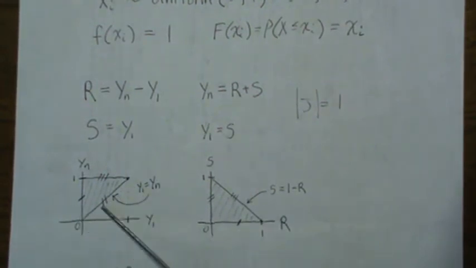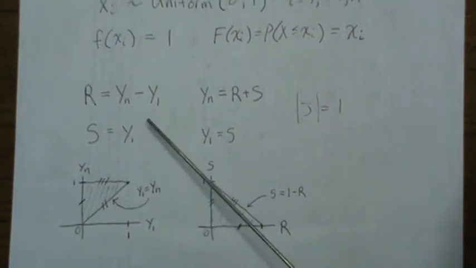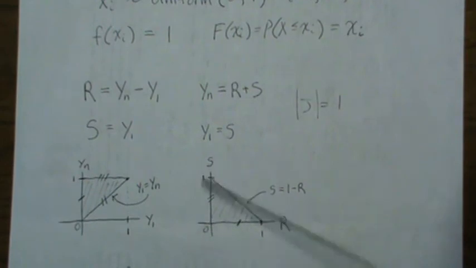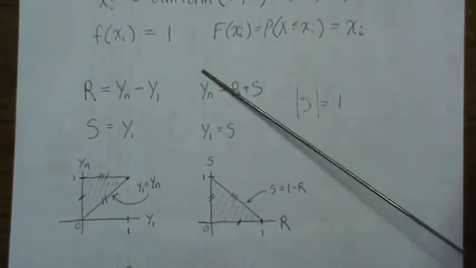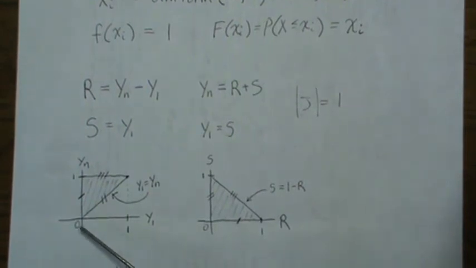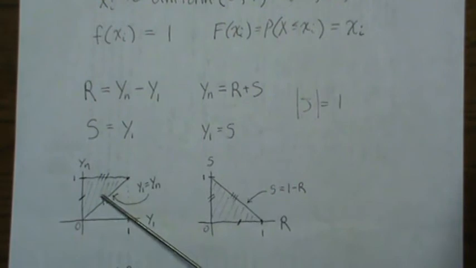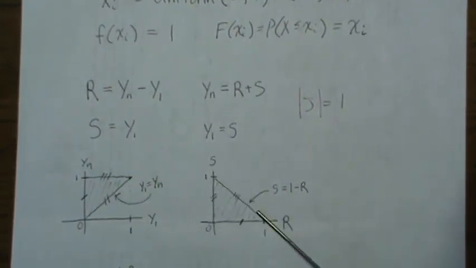And then if we look at this one, here yn is equal to 1, no matter where we are in this line. So that tells me R is going to be 0. So we're going to be on this axis somewhere. But y1 goes from 0 to 1, so that says S goes from 0 to 1. So this boundary maps to this boundary, and then you can do the same for that boundary.